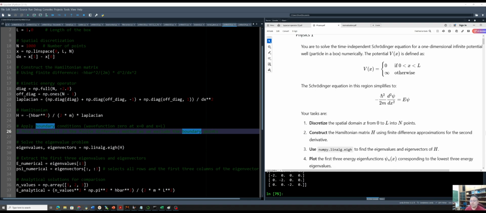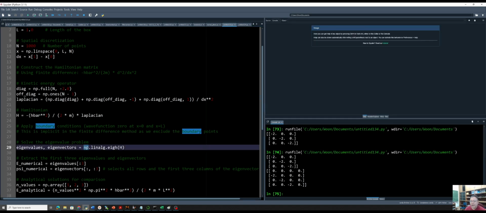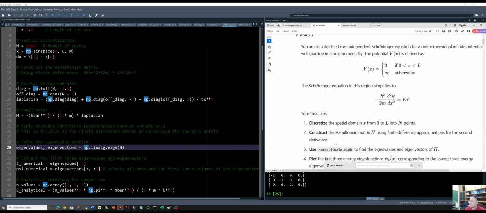The Hamiltonian is h bar squared over 2m times the Laplacian, the second derivative. I then solve the eigenvalue problem using NumPy, as described in the question, to find the eigenvalues and eigenvectors.